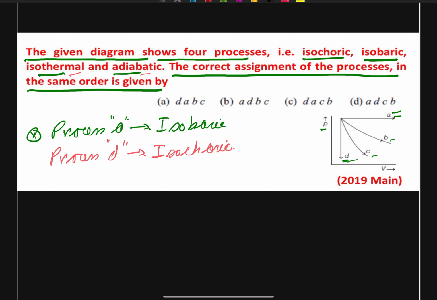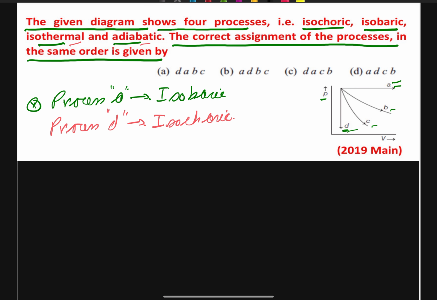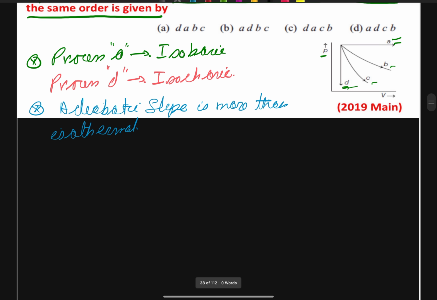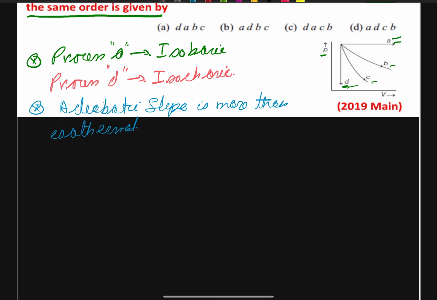So adiabatic slope will be more than isothermal. Therefore, from the figure we can see that our B is isothermal and C is adiabatic.